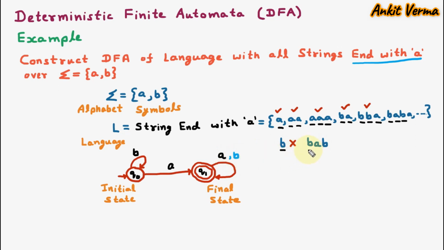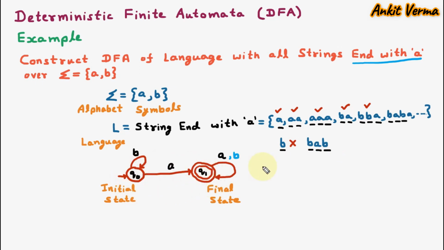When the first B comes, from Q0 we come to Q0, self loop. When A comes, we move to the state Q1. And when again B comes, we come back to the final state.